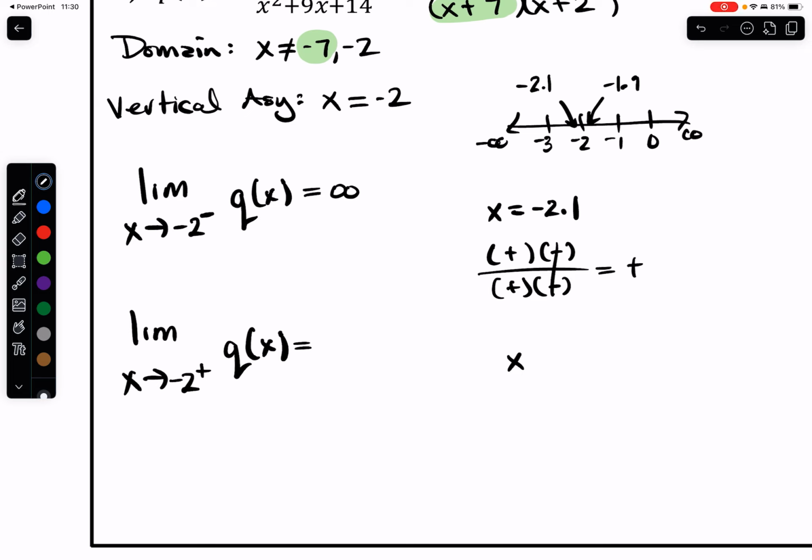Now let's check the right side. Did I say left side over here? Because I did mean left side. Left side right here. Okay, so from the left we're pointing upwards toward positive infinity. Now let's check what's happening as x approaches negative 2 from the right side. So from the right, we're going to pick negative 1.9. Since these are negative numbers, negative 1.9 would be on the right side of negative 2 on the number line.